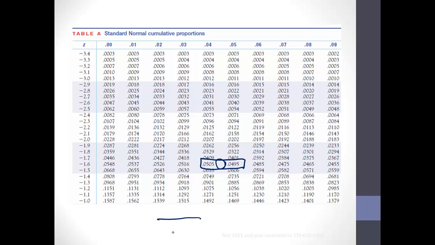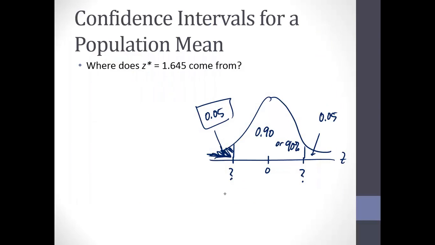So this corresponds to negative 1.6, and then we can pretend there's a 0.045 column in there, since it's right in between those two numbers. So I come here, I find what the z-score is, and I can go back and fill that in. So that means that this number is negative 1.645, and this number is positive 1.645.